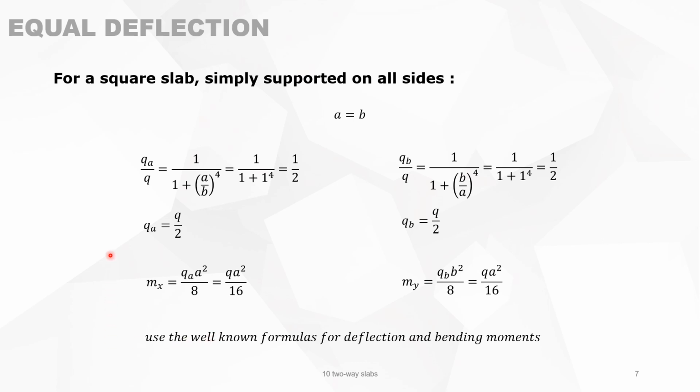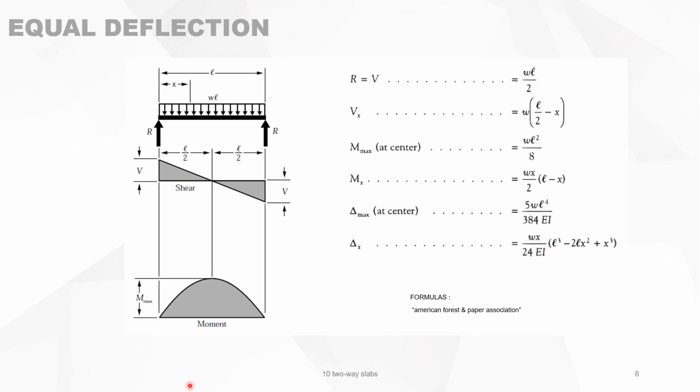We use the method of equal deflection by counting on the well-known formulas for deflection and bending moments from applied mechanics. And just to help or to support your memory, you can use, for instance, the list of formulas given by the American Forest and Paper Association in America.